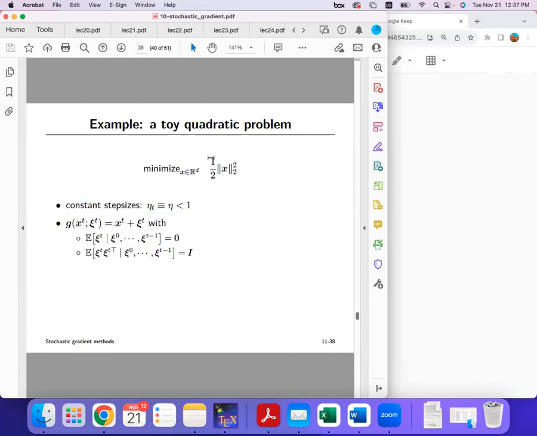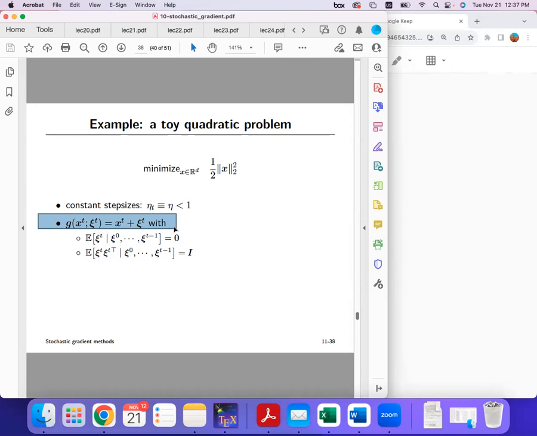If you take the gradient of 1/2 x squared, it's just x. So here we consider a noisy gradient. It's like the gradient plus a noise ξ_t. This ξ_t is a certain noise, and it satisfies some properties. So this is the stochastic gradient that we consider: the gradient at x_t corrupted by a certain noise.